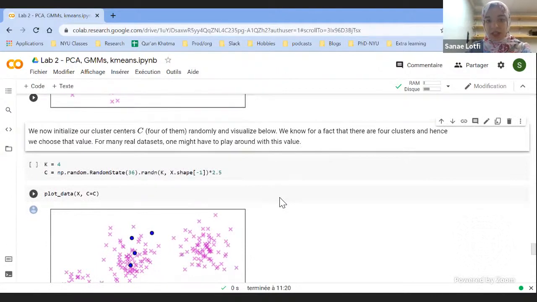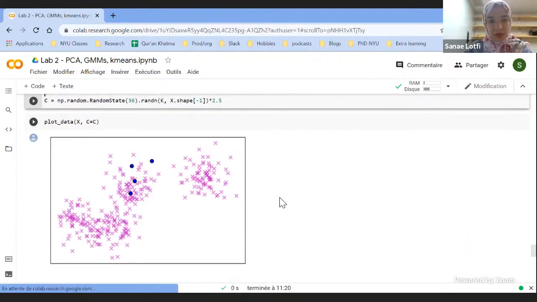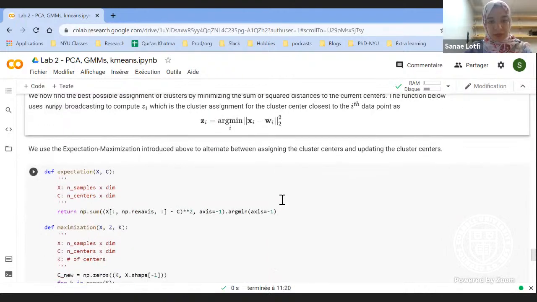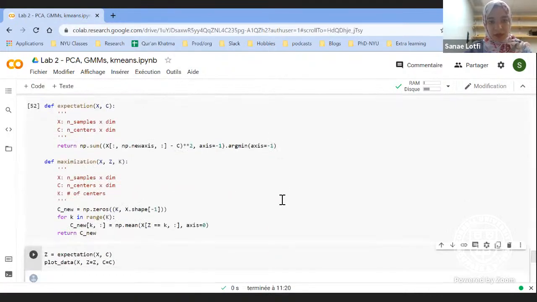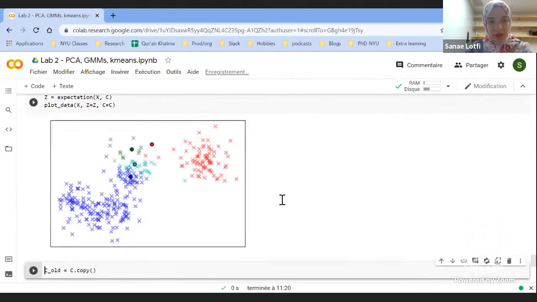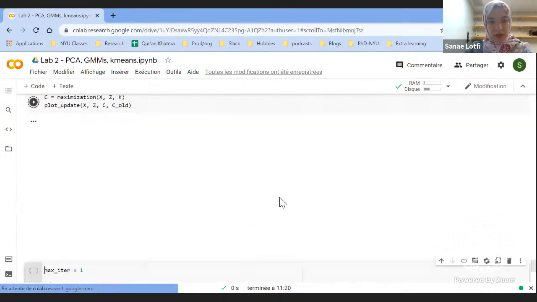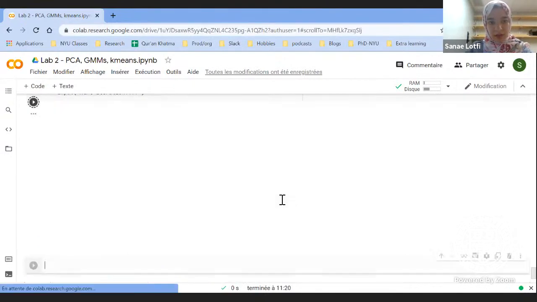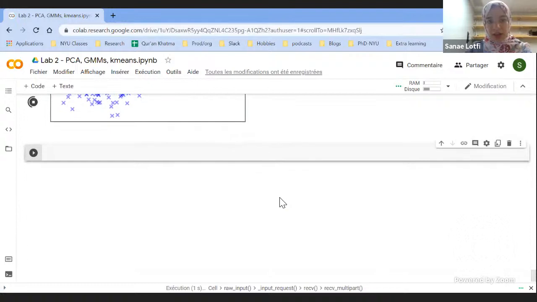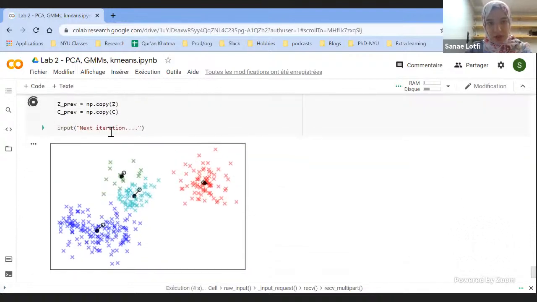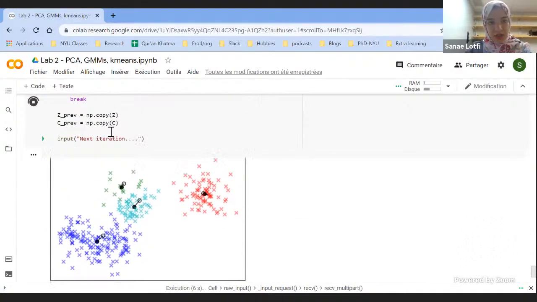We initialize the cluster centers, 4 of them, randomly, and we try to visualize how they are assigned through the optimization process. Here you see as the iteration goes, you can define the next iteration.